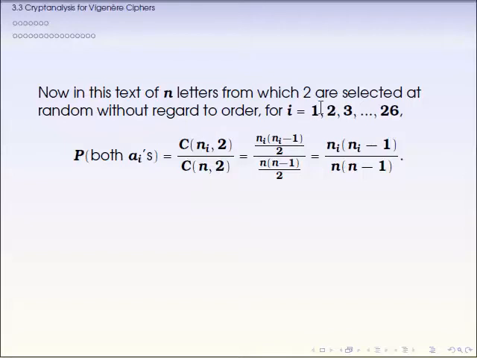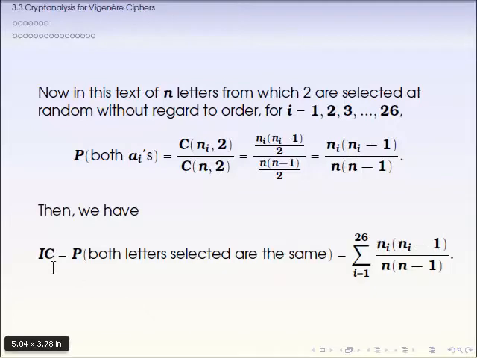If you change i to 2, then this gives us the chance to get two b's, right? So just keep doing this, and after calculating, we get this formula for the probability of picking the same letter for each i.